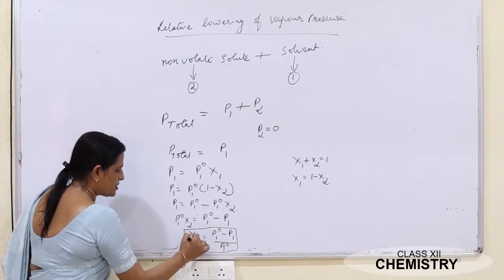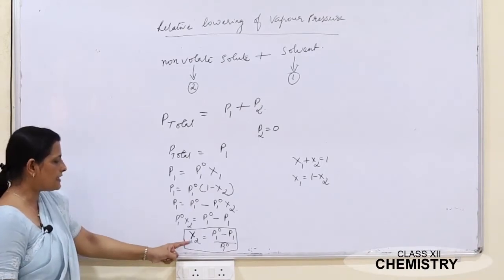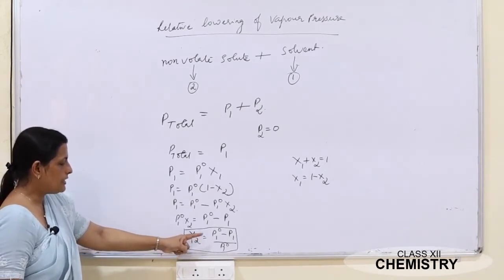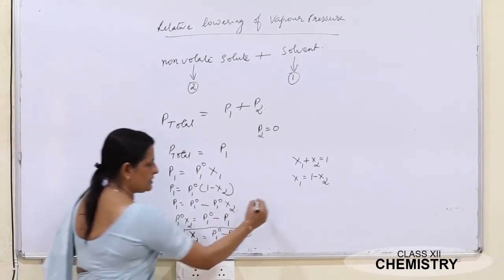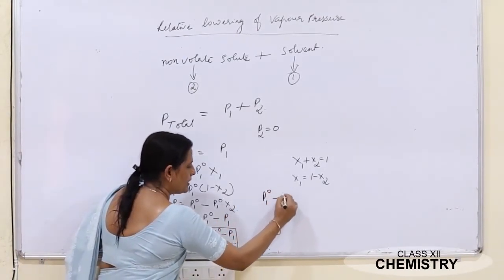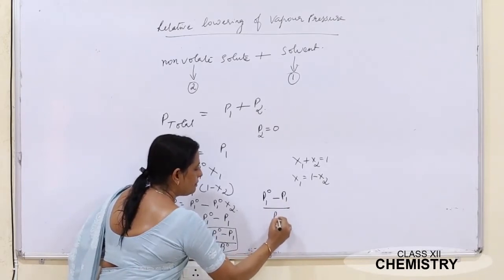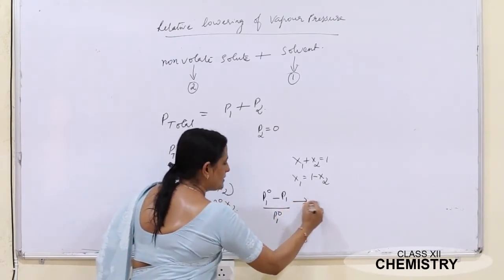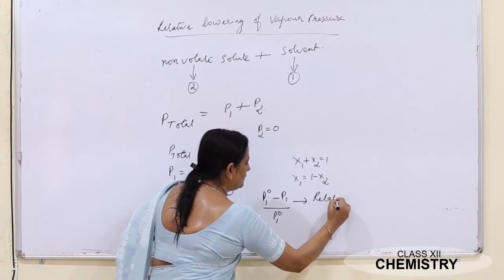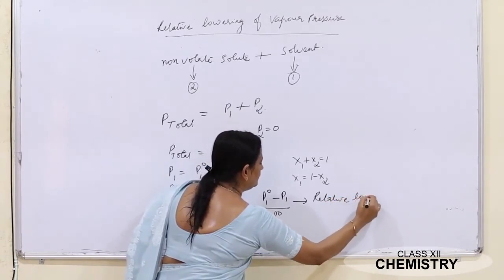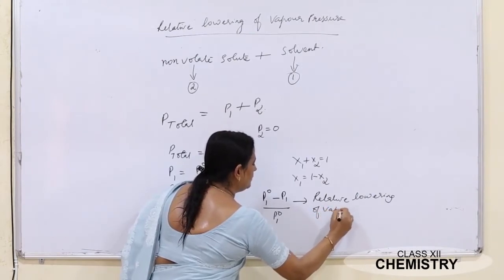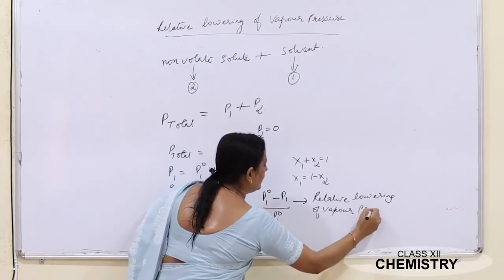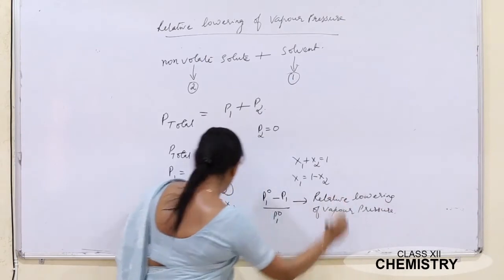So on that basis we have done this derivation, and finally what are you getting? The mole fraction of the non-volatile solute is equal to P1 naught minus P1 by P1 naught, and this quantity P1 naught minus P1 by P1 naught is known as relative lowering of vapor pressure. So what can we write?